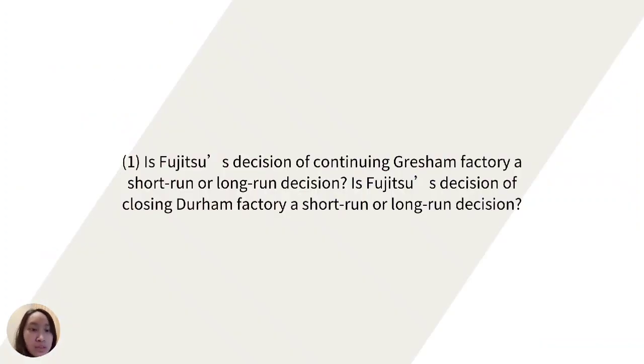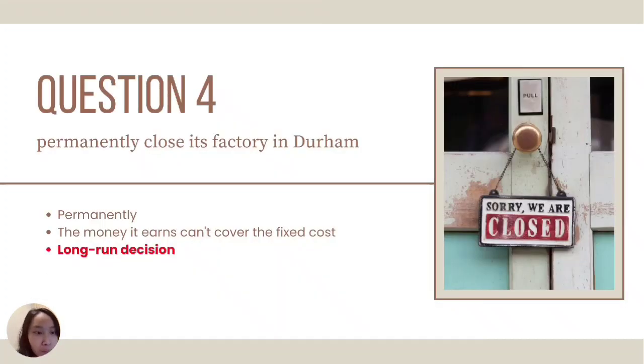So, is Fujitsu's decision of continuing the Gresham factory a short run or long run decision? Is Fujitsu's decision of closing the Durham factory a short run or long run decision? As we know, the decision is made permanently, so it's a long run decision for closing the factory in Durham.